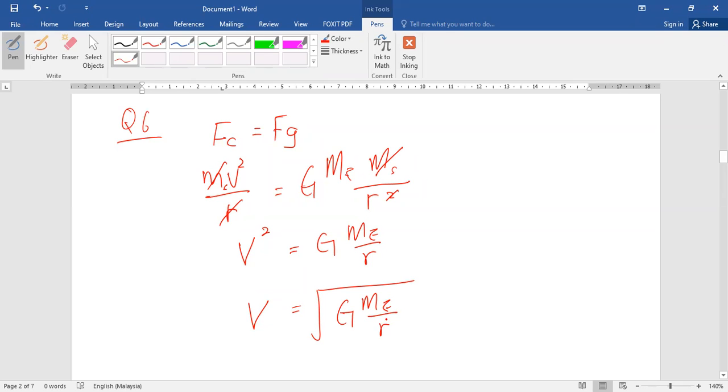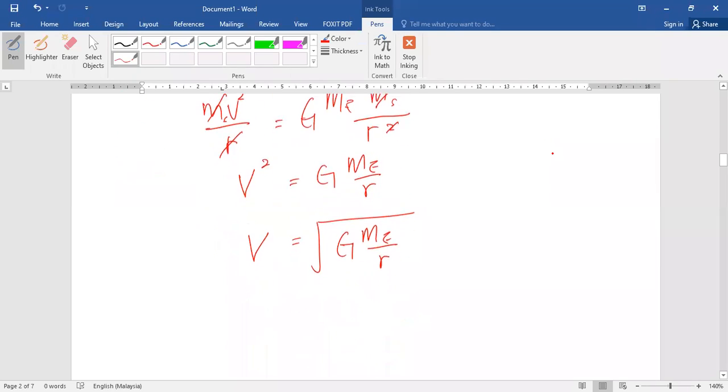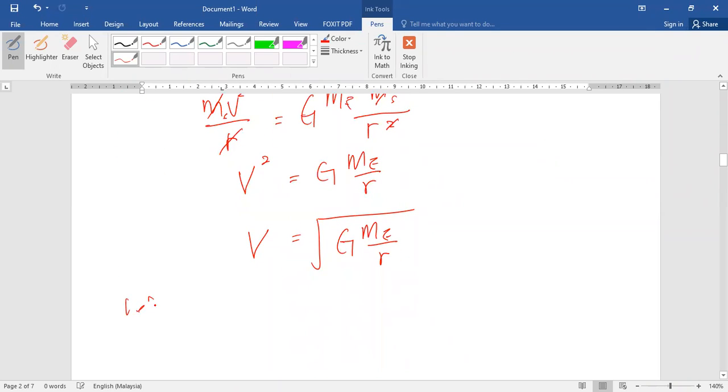So prove that the velocity of the orbit is independent of the mass of the satellite.